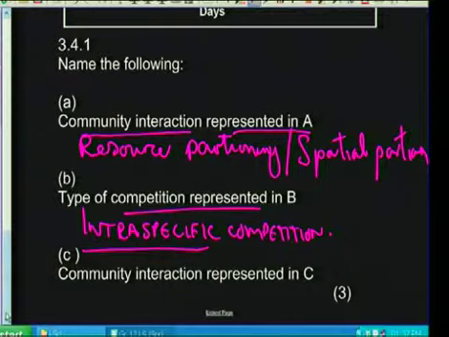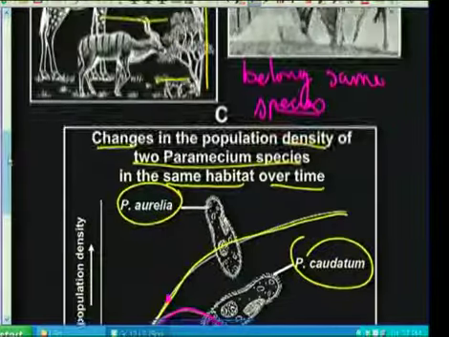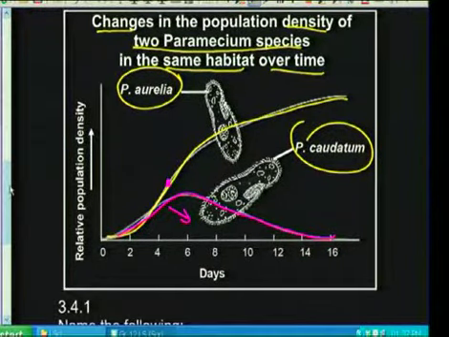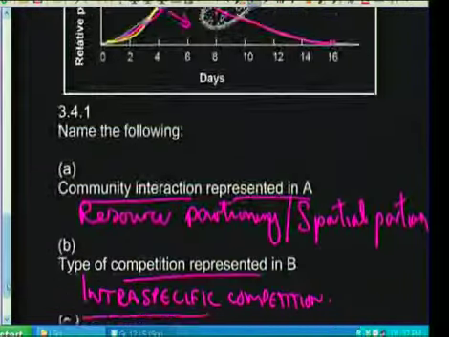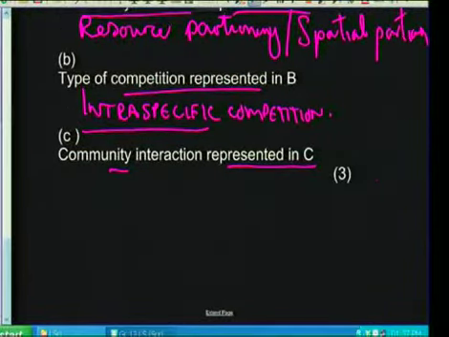So name the following: the community interaction represented in C. When we look at C, guys, we quickly look at C again. Here we see two species coexisting in the same habitat over a period of time, where one survives and the other is eliminated. So what could this type of competition be, where one eliminates the other, having shared the same resource?